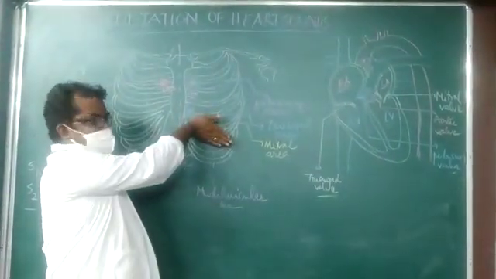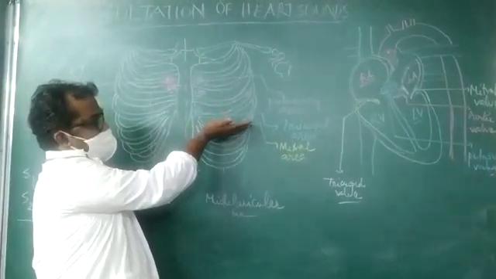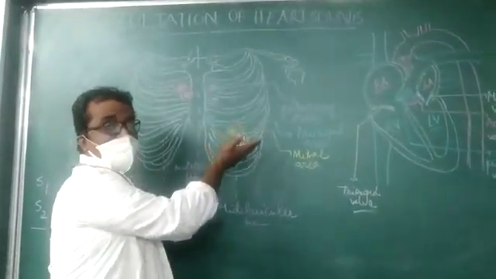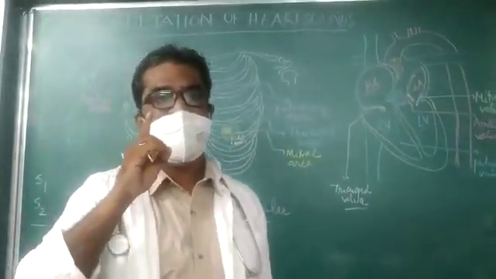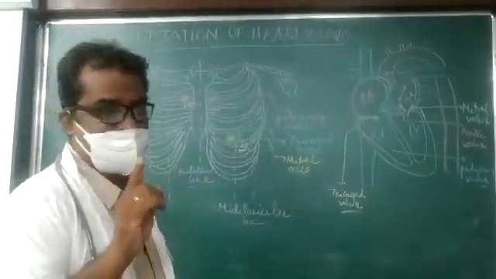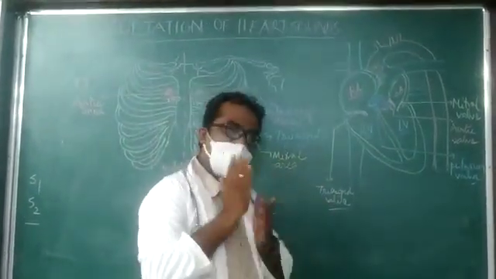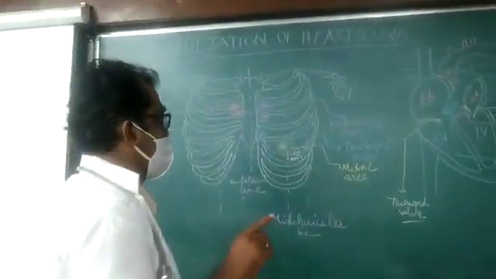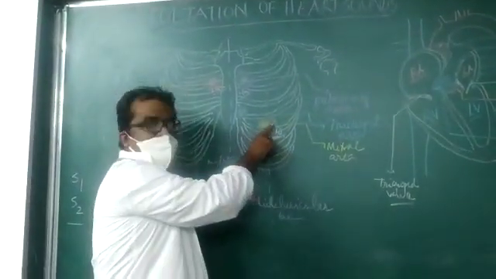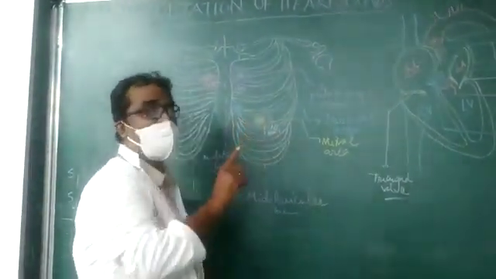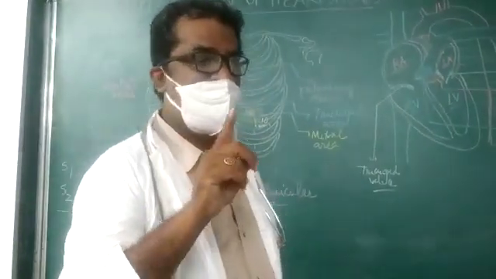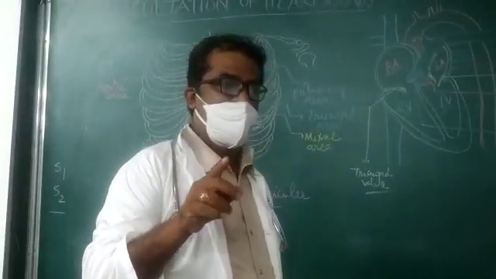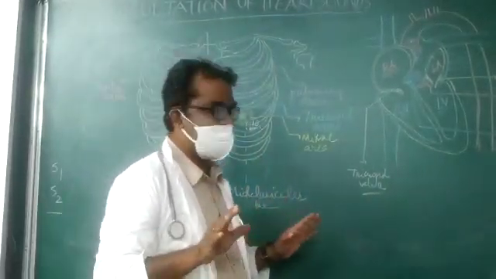Your hand should be like this, and you should palpate with the ulnar border. Look for the apical beat, which is the downmost and outermost cardiac pulsation felt by the ulnar border of your hand, and the quality of it should be that it lifts your finger from the surface. So you should first look for the apical beat, and then go looking for the heart sound.